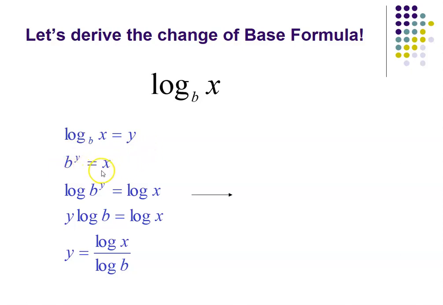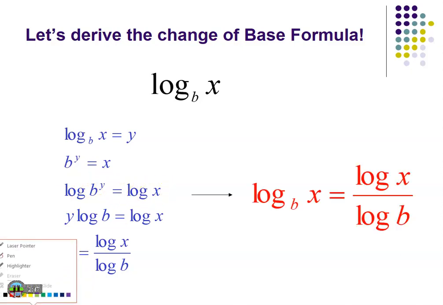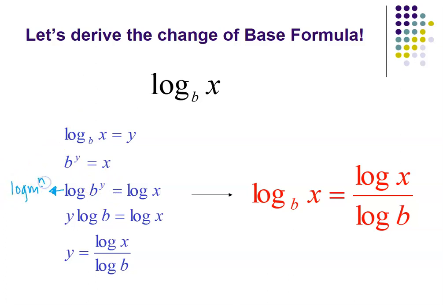So we are going to put a logarithm on both sides, which gives log b to the y equals log x. From the power property of logarithms, log m to the power of n gives us n log m.